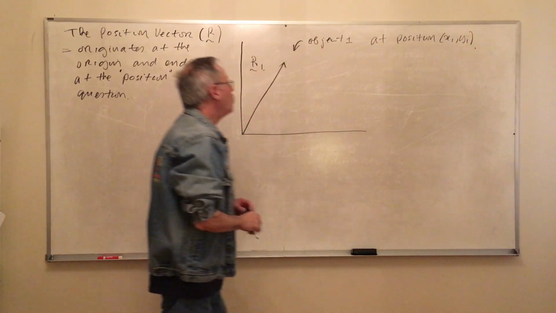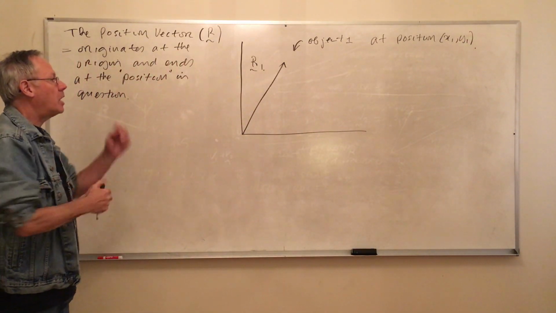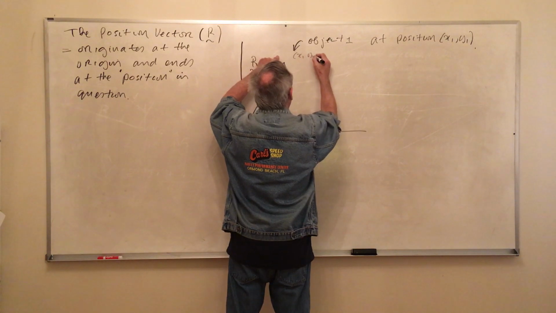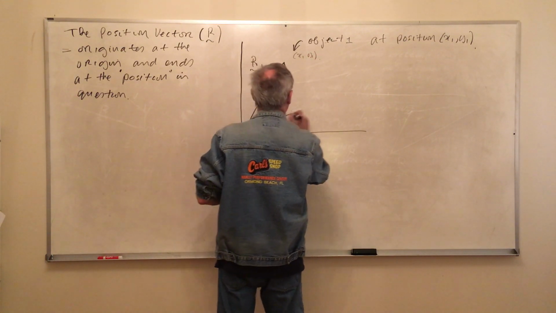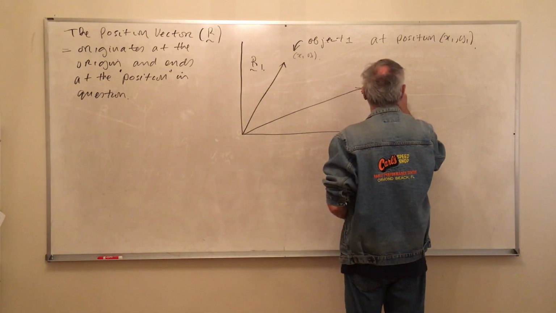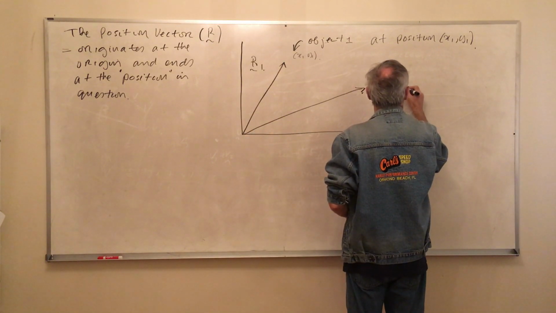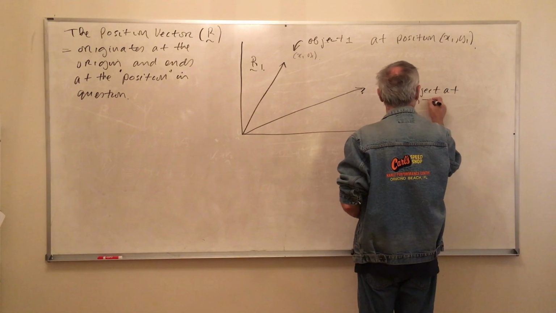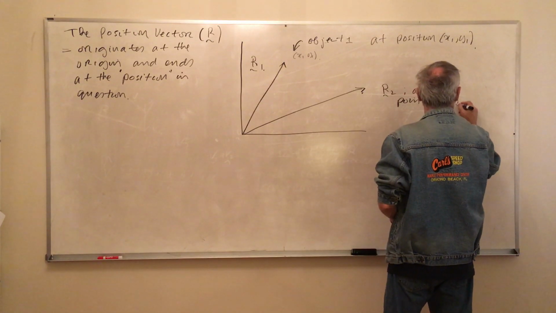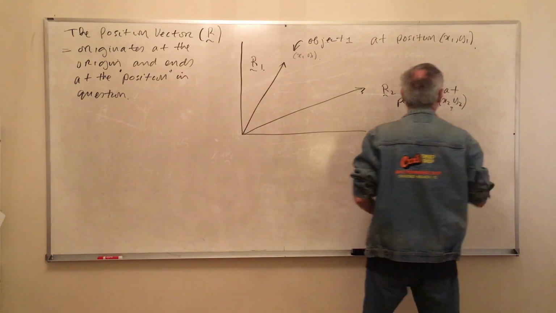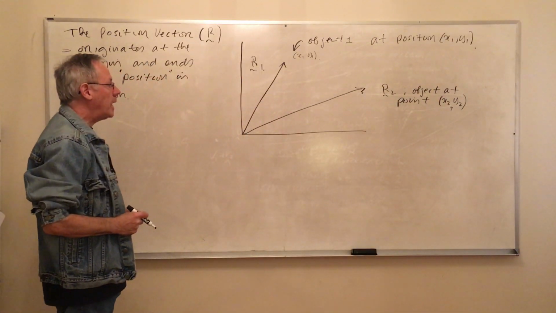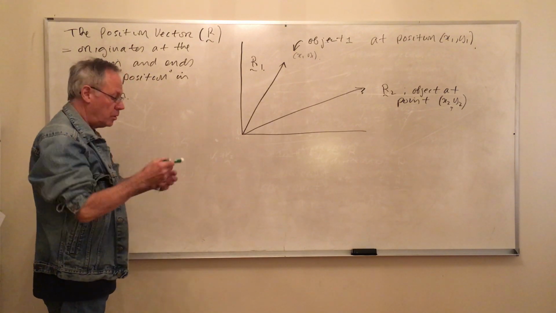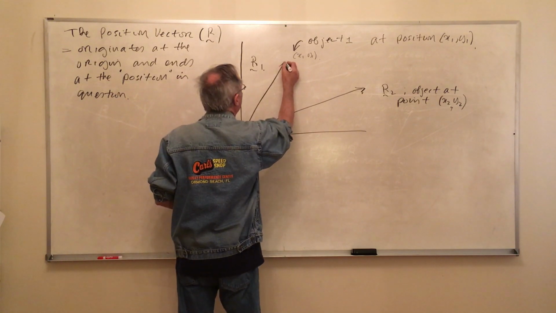So we have some object 1. Object 1 could be a mass, could be a charge, at position x1, y1, here. And we have object 2 at x2, y2. It is very often desired to have a vector between these two.